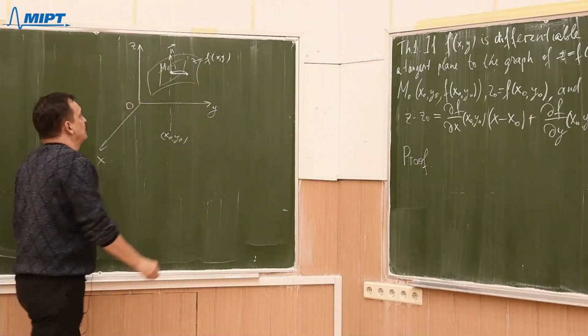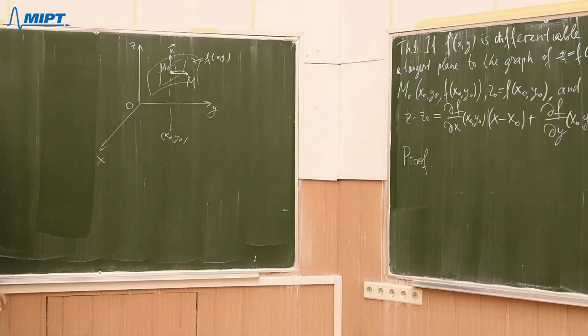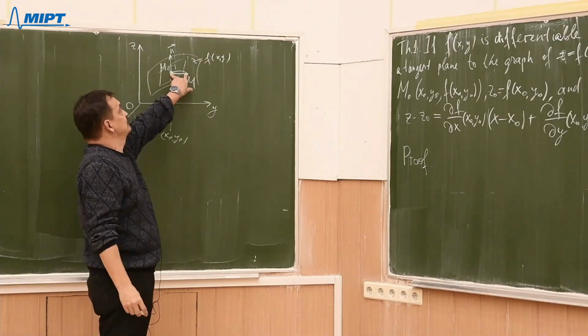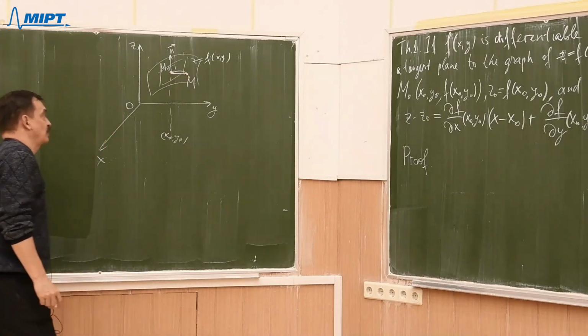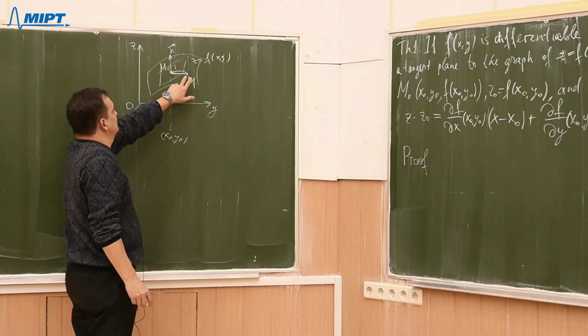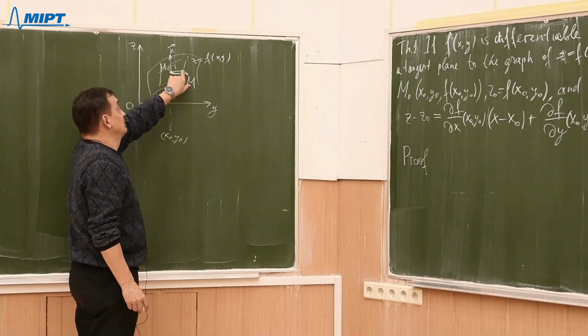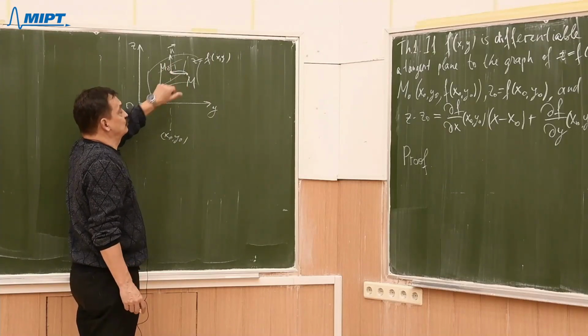So we draw an arbitrary chord, an arbitrary interval which connects two points of our graph, and in the limit as M tends to M naught, this limit position should be orthogonal to n.